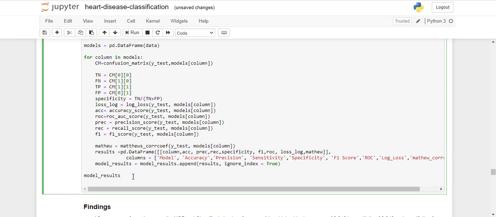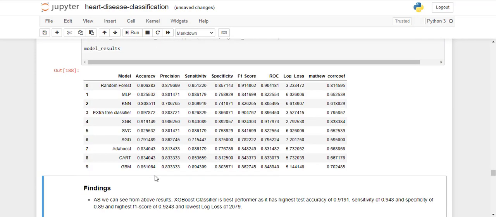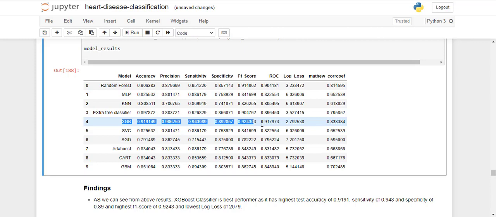So let's see. Yes. Which one is the clear winner? The clear winner is nothing else but XGB. Accuracy 91%, precision 90, sensitivity is quite low, specificity is quite high, F1 score is too good. And ROC is also high, 91.91.